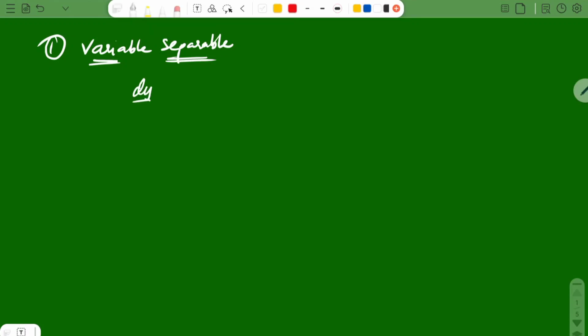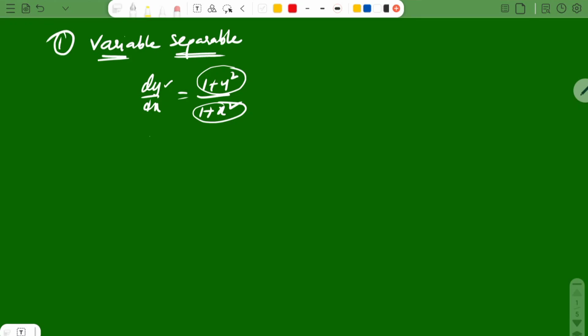Let dy by dx be equal to 1 by y square divided by 1 plus x square. Variable separable method means we have to send all x variables to one side and all y variables to the other side. So we get 1 by 1 plus y square into dy equal to 1 by 1 plus x square into dx.